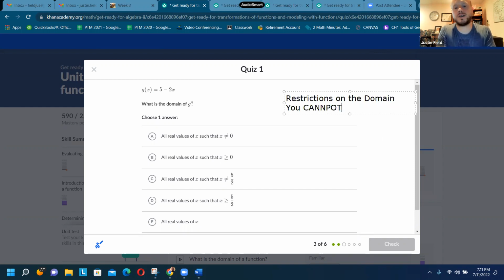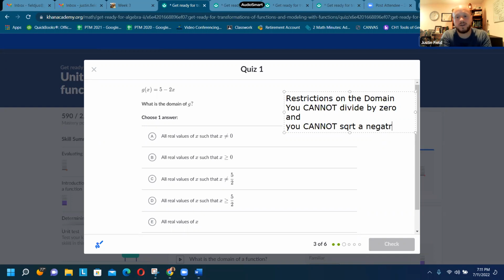You cannot divide by 0, and you cannot square root a negative in the real numbers. In algebra 2, you will learn about imaginary numbers, which can be square rooted even if they're negative, okay? But not in the real numbers, which is usually where we start, real numbers.